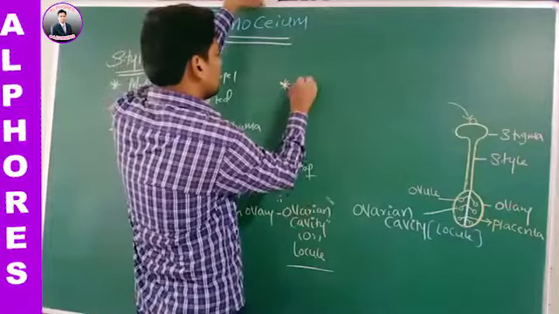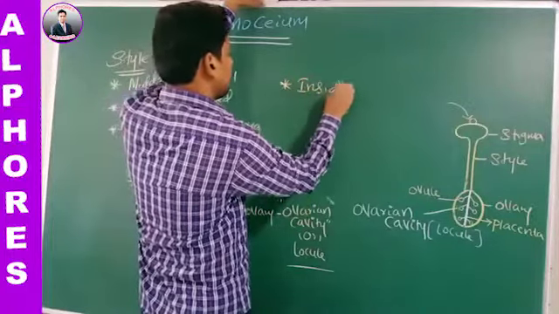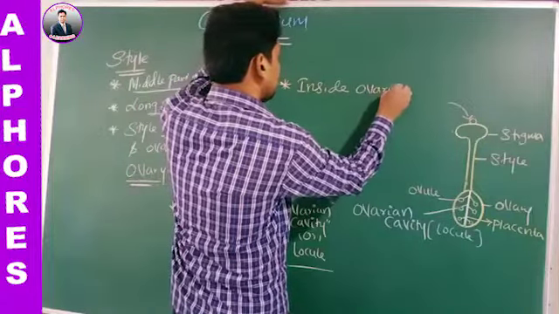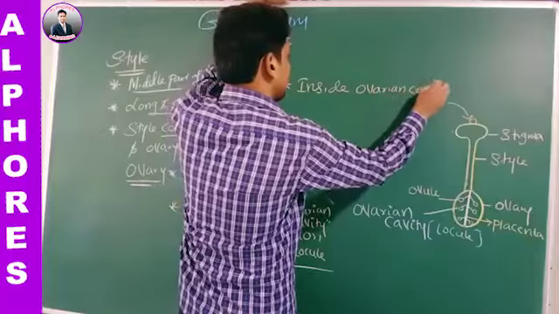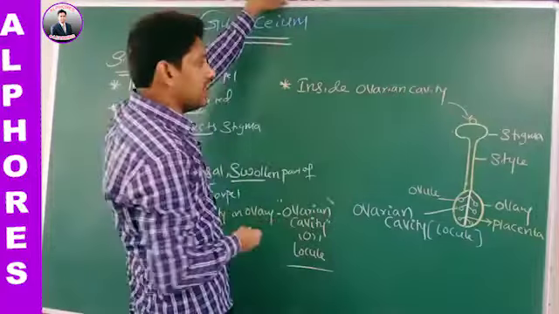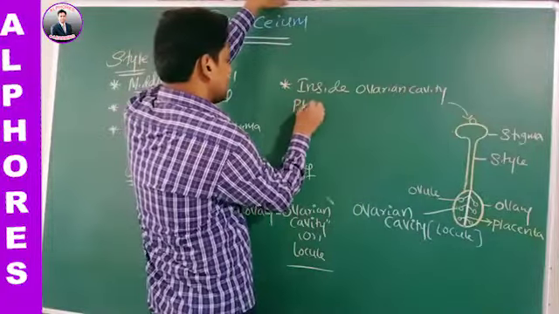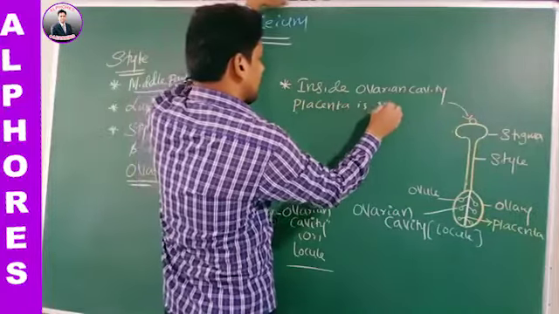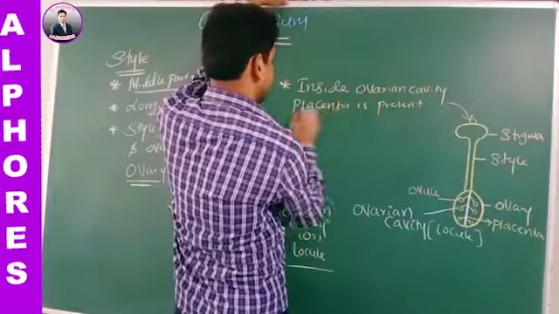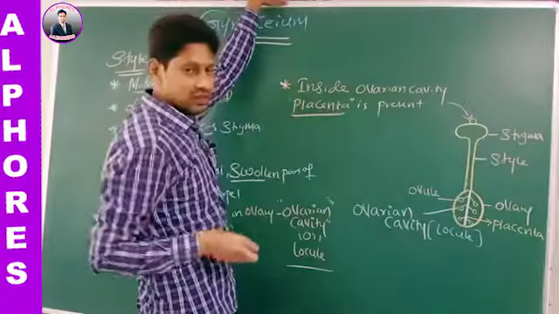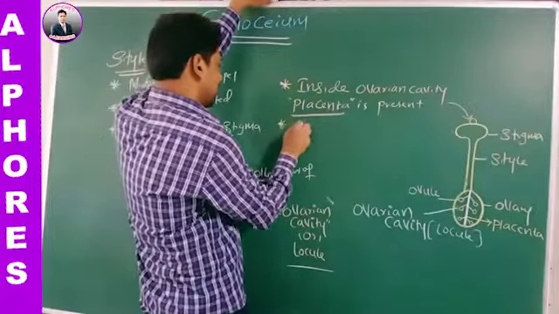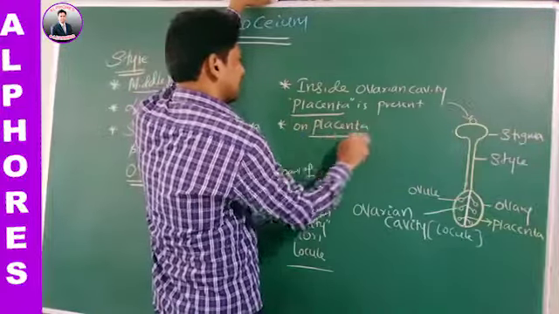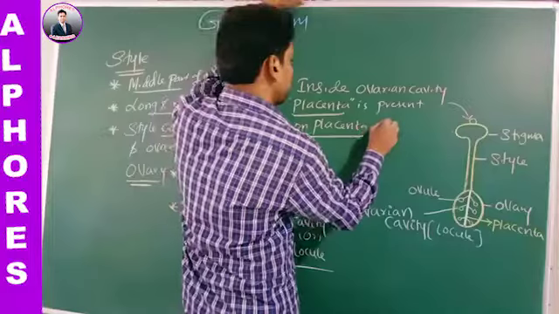Now, inside the ovarian cavity, what is present? Placenta is present. On the placenta, ovules are present.